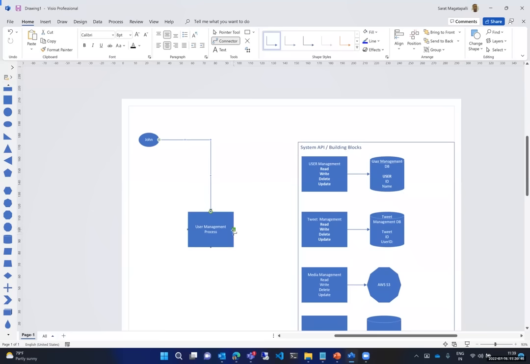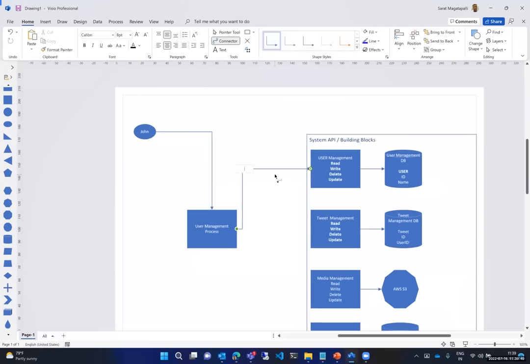What it will do is call my read API first. Step number one, read API. It will check if John already exists in the system, or whether it is a duplicate registration.